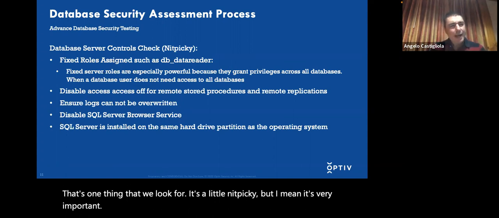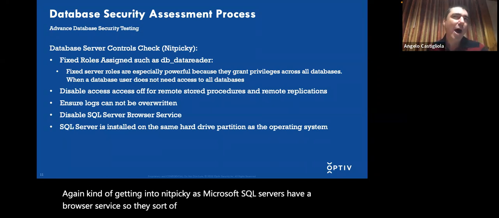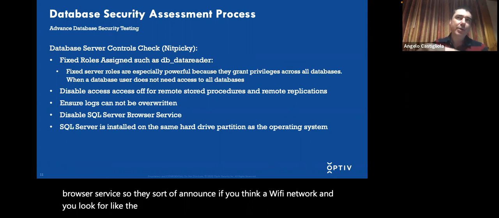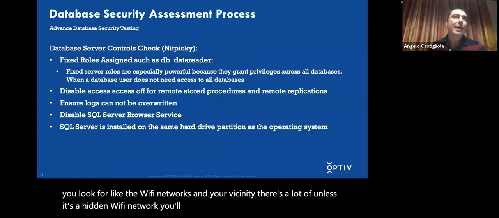Again, getting into nitpicky: Microsoft SQL Servers have a browser service. They sort of announce themselves. If you think of a Wi-Fi network and you look for the Wi-Fi networks in your vicinity, unless it's a hidden Wi-Fi network, you'll just see it pop up. Microsoft SQL databases also work like that.